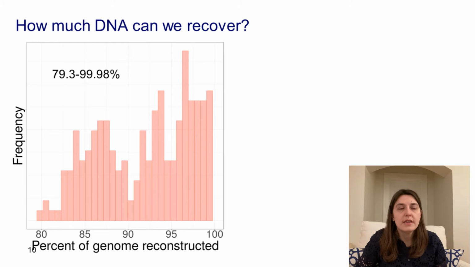The first thing we'll look at is how much DNA we recovered. Here's a plot that shows the amount of DNA that was reconstructed across all 114 families. It ranges from about 80% up to effectively 100%. That's useful, but it's not so informative for families with different sizes because there's such a big range.